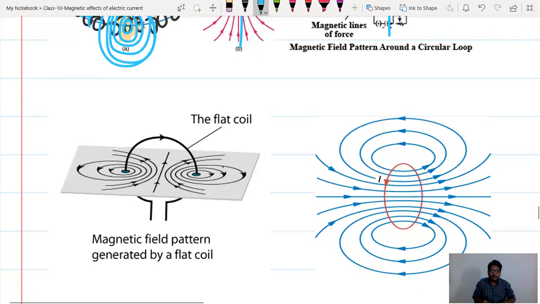This one, right? So if you want to write as a theory, at edges, it will be in circular shape.